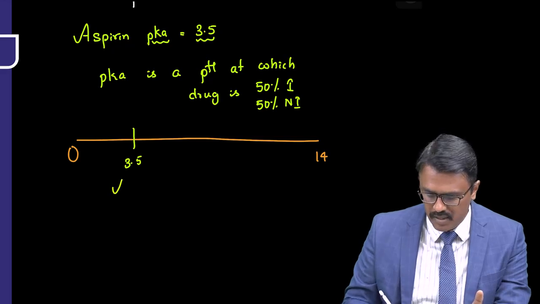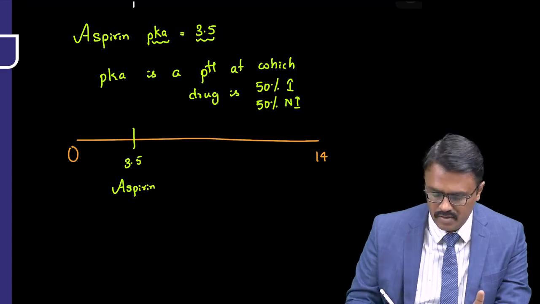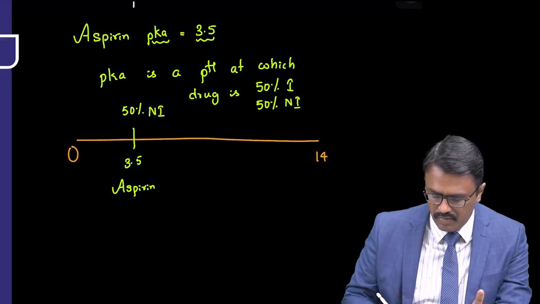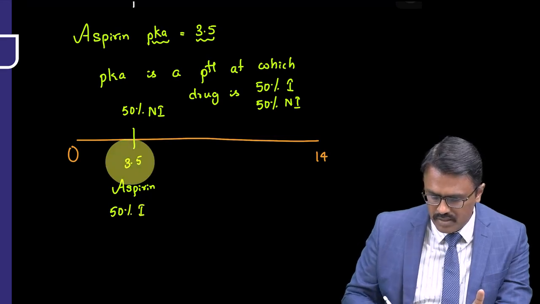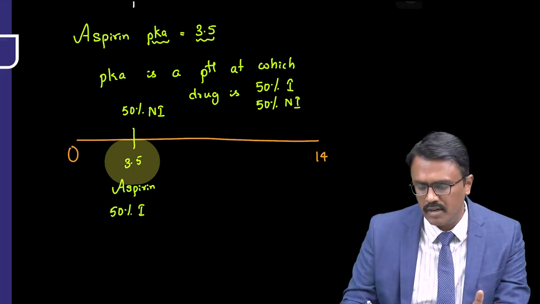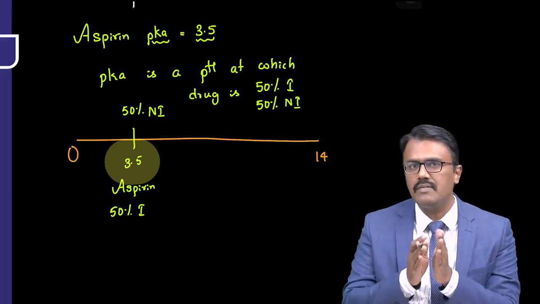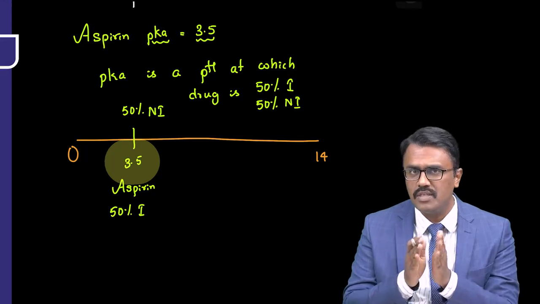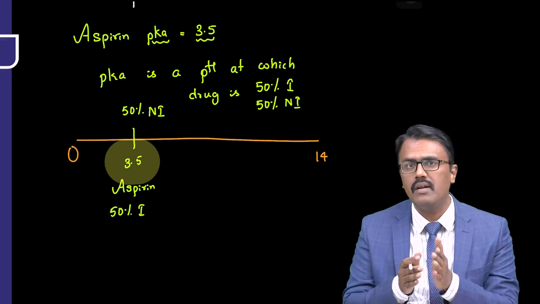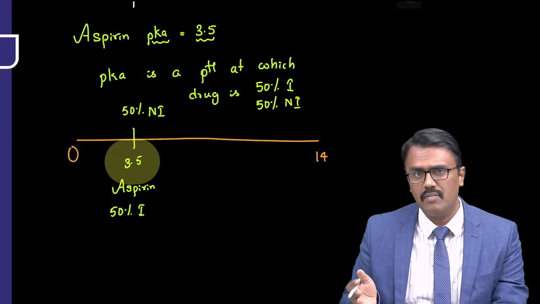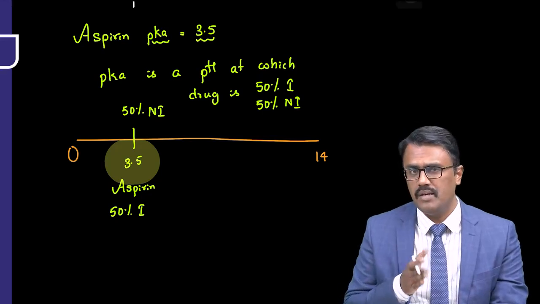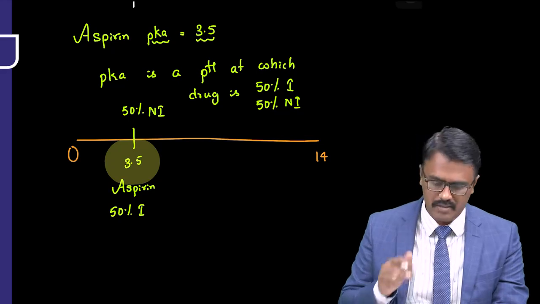If I place aspirin at a pH of 3.5, at this point 50% of the drug is non-ionized and 50% is ionized. So 3.5 is the pH which divides the drug at this point, where 50% is ionized and 50% is non-ionized. Usually 7 is the dividing point, but here pK will tell us that.